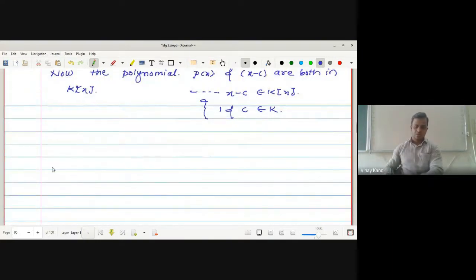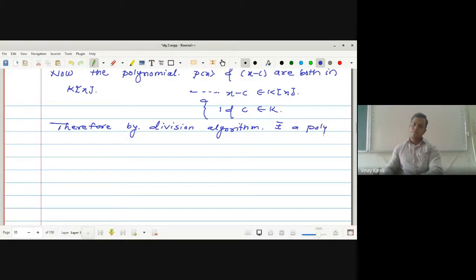Now, therefore, by the division algorithm, there exists a polynomial q of x and r of x in capital K of x such that, P of x and x minus c are elements of K of x.